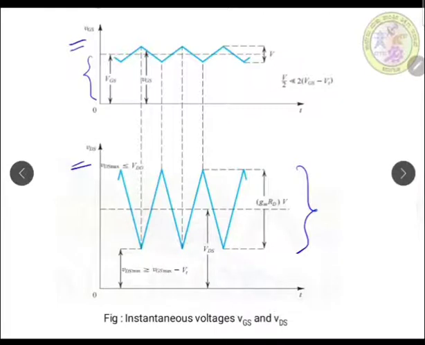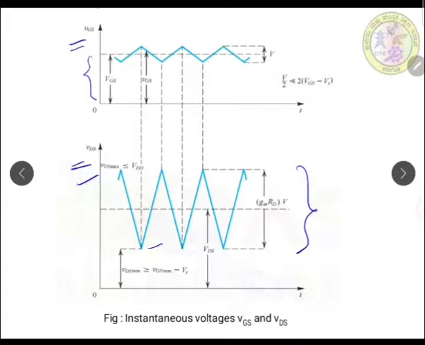The conditions for proper amplification are that the maximum value of this instantaneous VDS voltage should be less than or equal to VDD, that is the supply voltage, and the minimum voltage of this instantaneous drain-to-source voltage on the lower side should be greater than or equal to VGS max minus VT. For these two conditions there will be no clipping and a complete signal will be available in amplified form at the drain terminal.